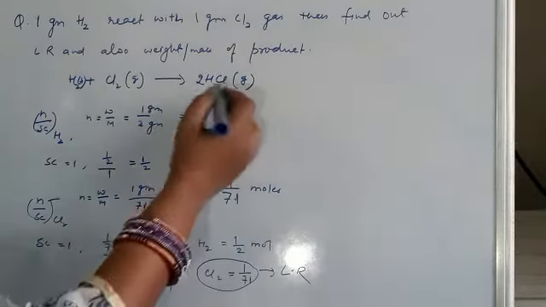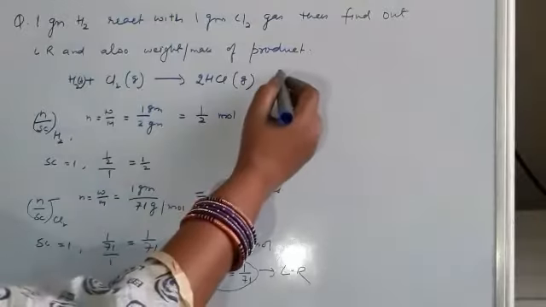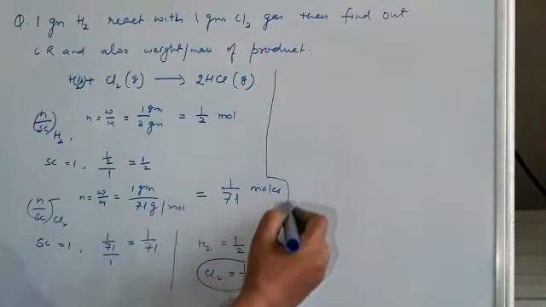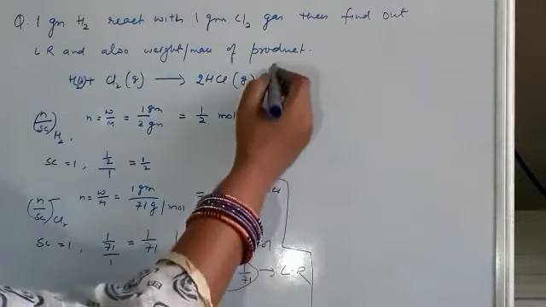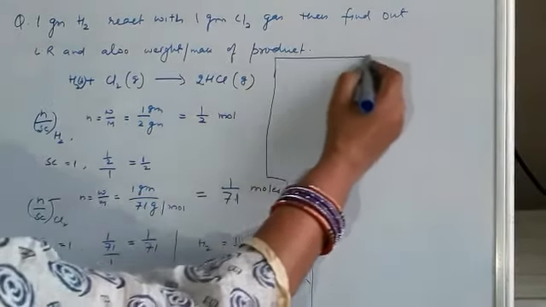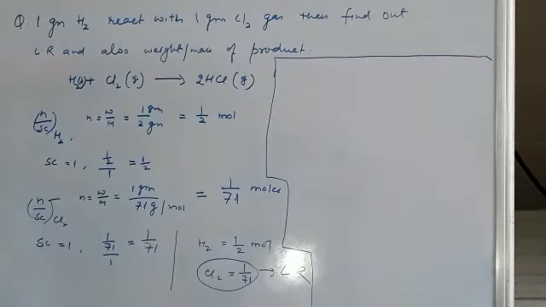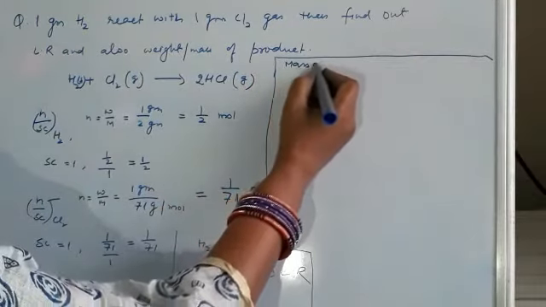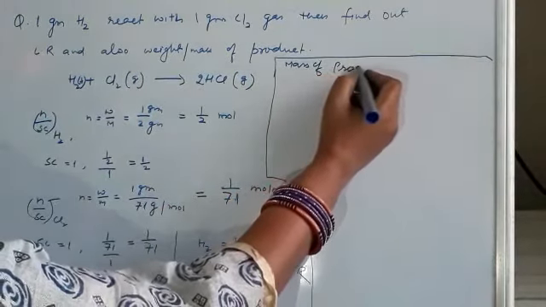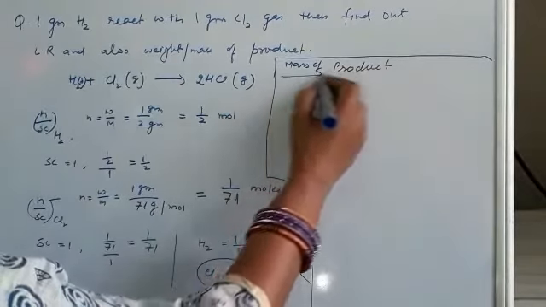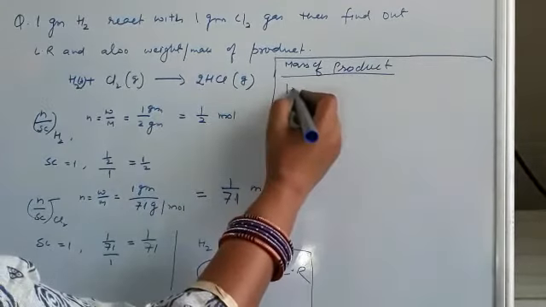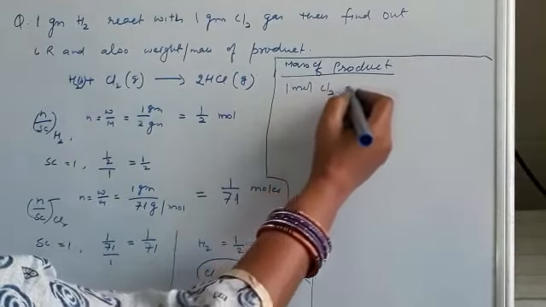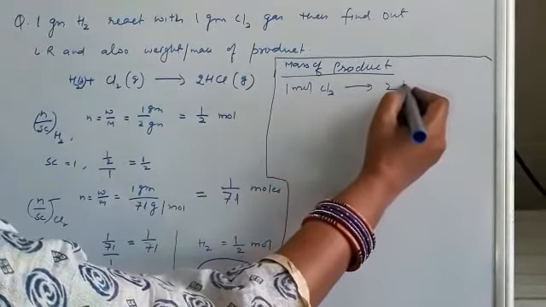Now the mass of product depends on the LR. So calculate the mass of product. 1 mole chlorine gives 2 moles HCl.